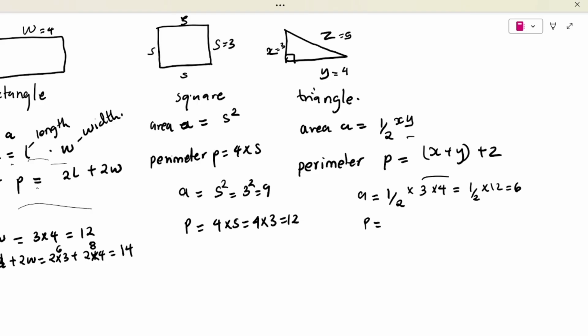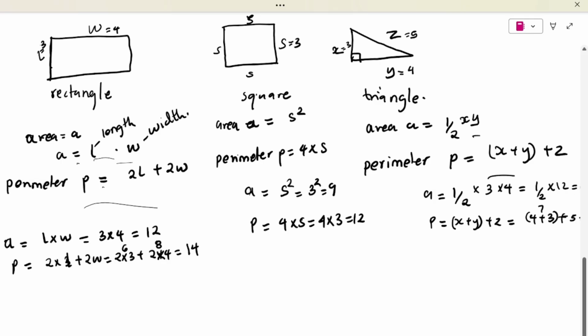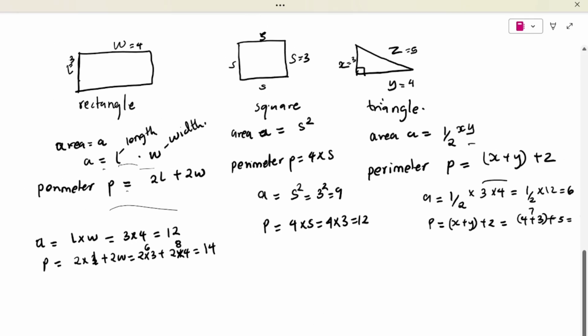And P is equal to x plus y plus z, which is 4 plus 3 plus 5, which is 7 plus 5, which is 12. I just want to say these are the common examples you can find when solving area and perimeter for the rectangle, square, and triangle.